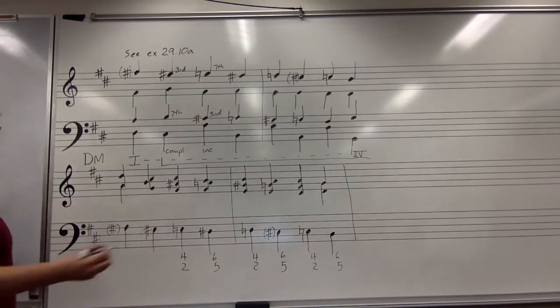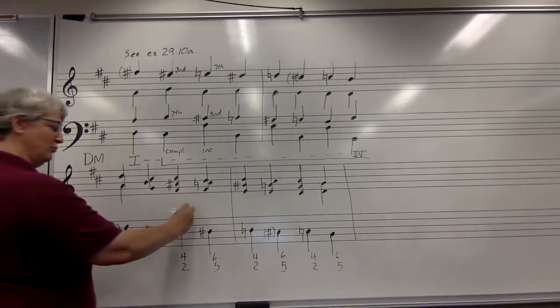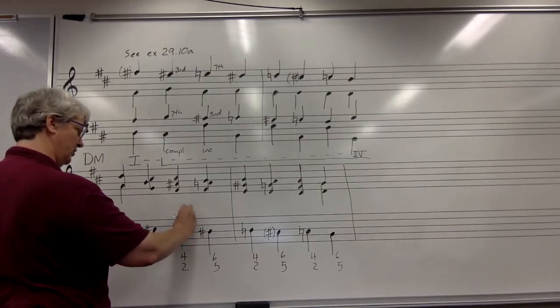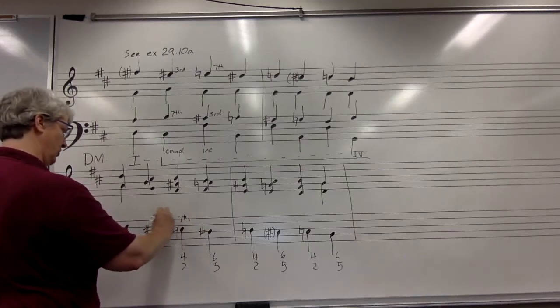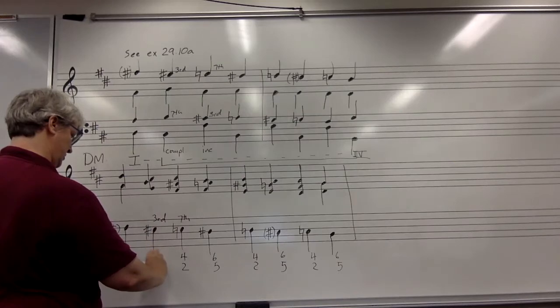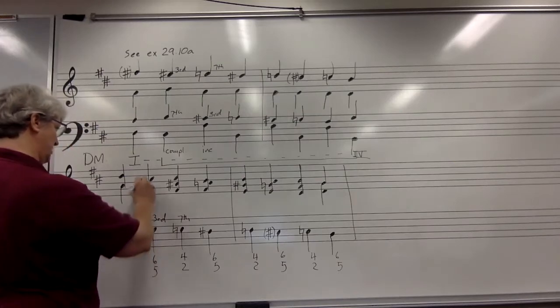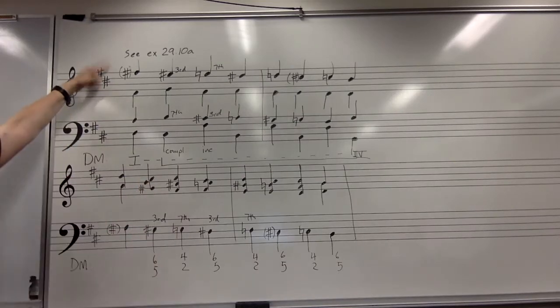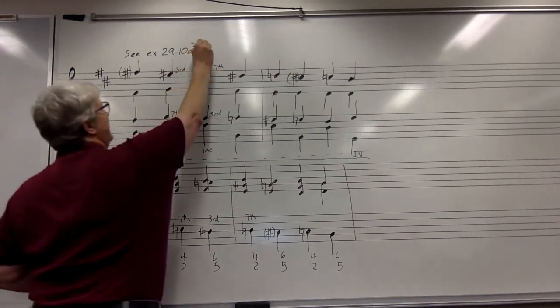And we're putting in the bass that alternation between the 7th of a chord and the 3rd of a chord. And you can see these same examples in your textbook as examples 29.10a and b.